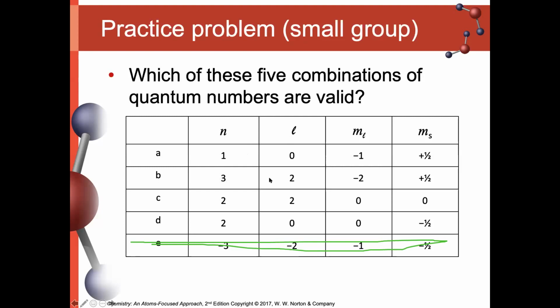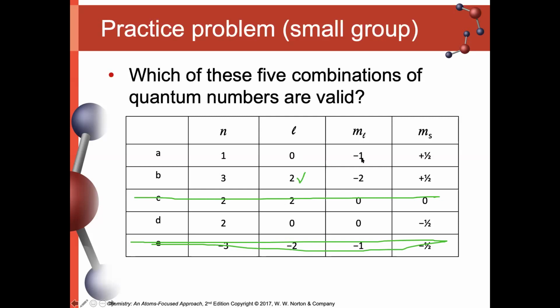Is it possible to have a d orbital in the third energy level? Again, our limit here is n minus 1. 3 minus 1 is 2, so that's okay. But is it okay here in the second energy level? No. The answer is no. So we can cross off this one now as well.